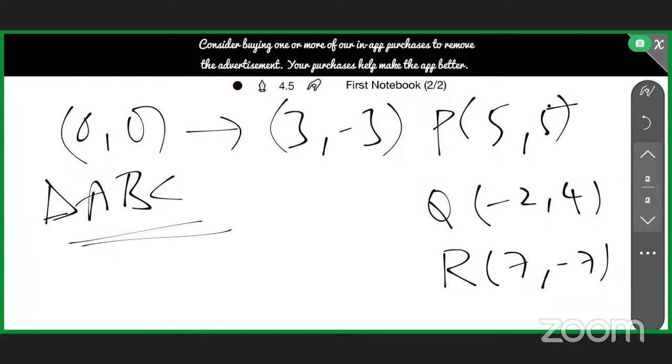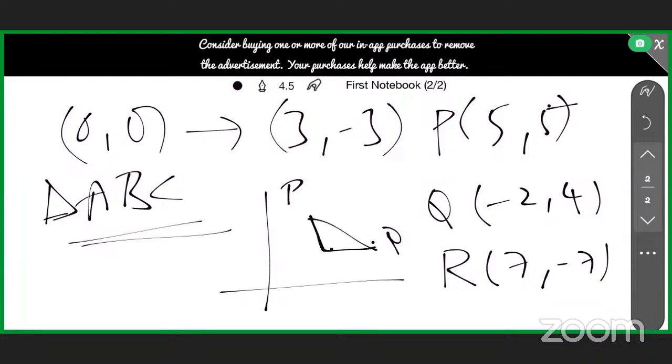See, what they are telling is that (0, 0) is shifted to (3, -3). What is (0, 0)? It is the origin, and the origin is shifted to a new point. In the old system, if you want, I will draw a small diagram: there is P, there is Q, there is R, forming one triangle.